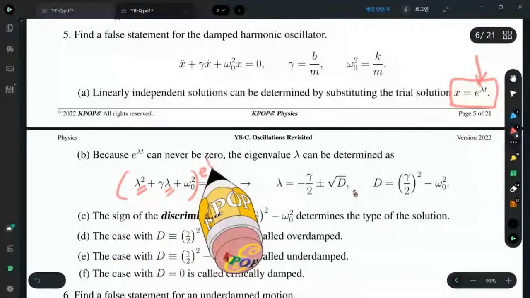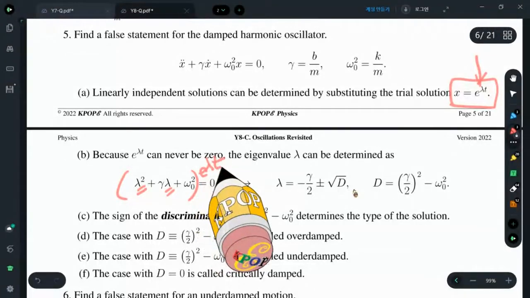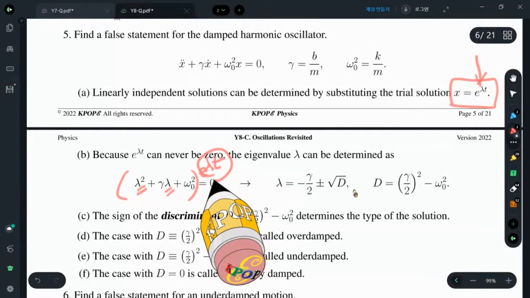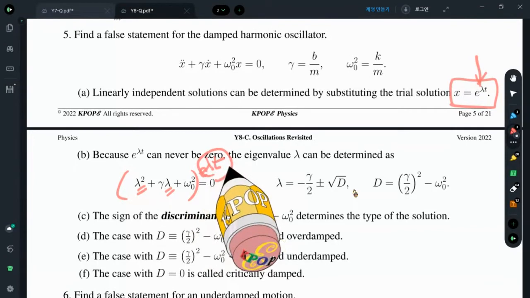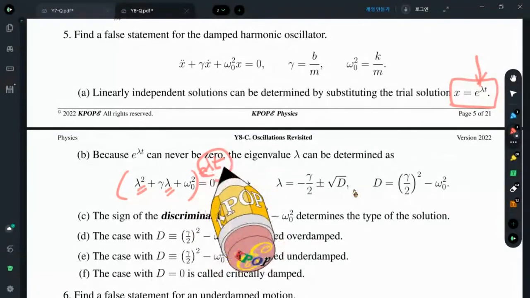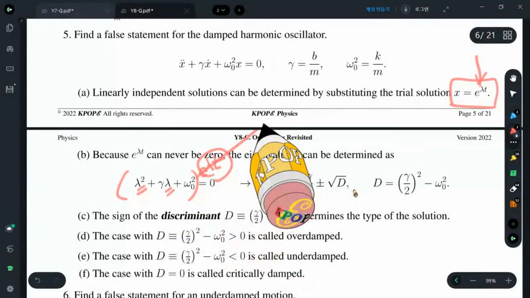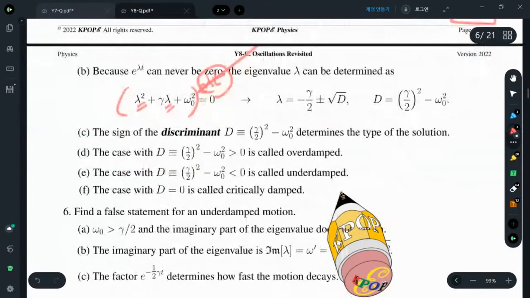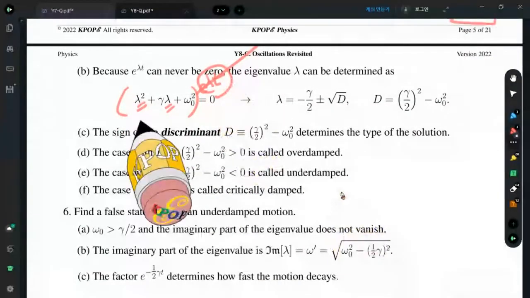Sure, there used to be e to the lambda t. However, this exponential function does not have a zero anywhere, so I can always divide this out without mistake.